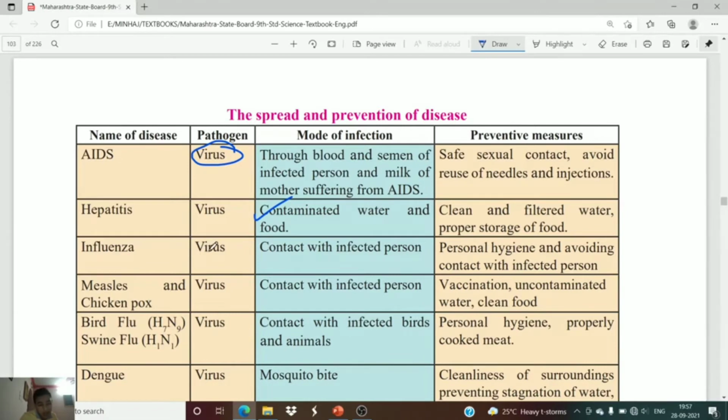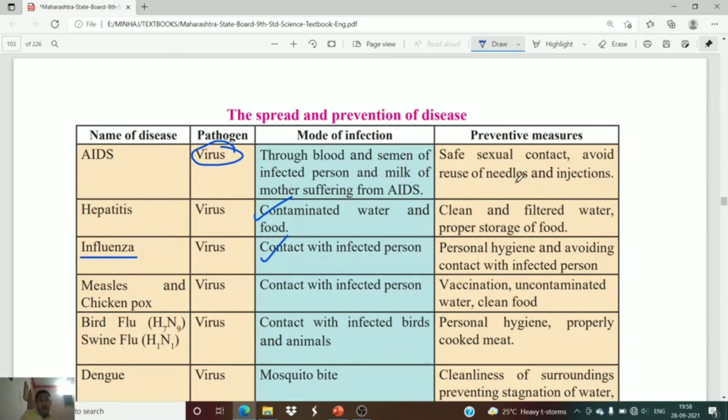Then next is influenza. It is also spread by a virus. H1N1 belongs to some virus. Influenza is from the same category as swine flu, but it is somewhat different from that. Now the mode of infection is contact with the infected person. So if you are in contact with someone who is suffering from influenza, then you may get this particular virus or disease.